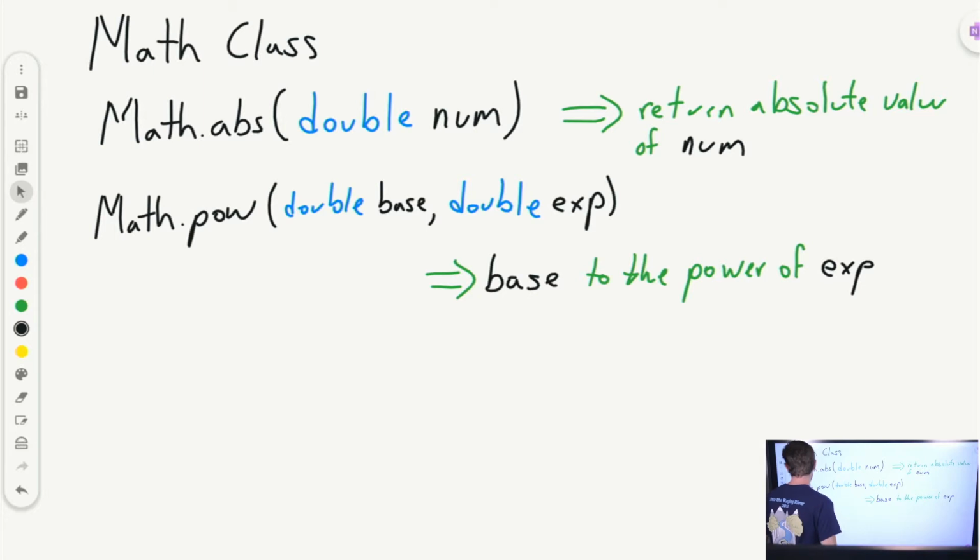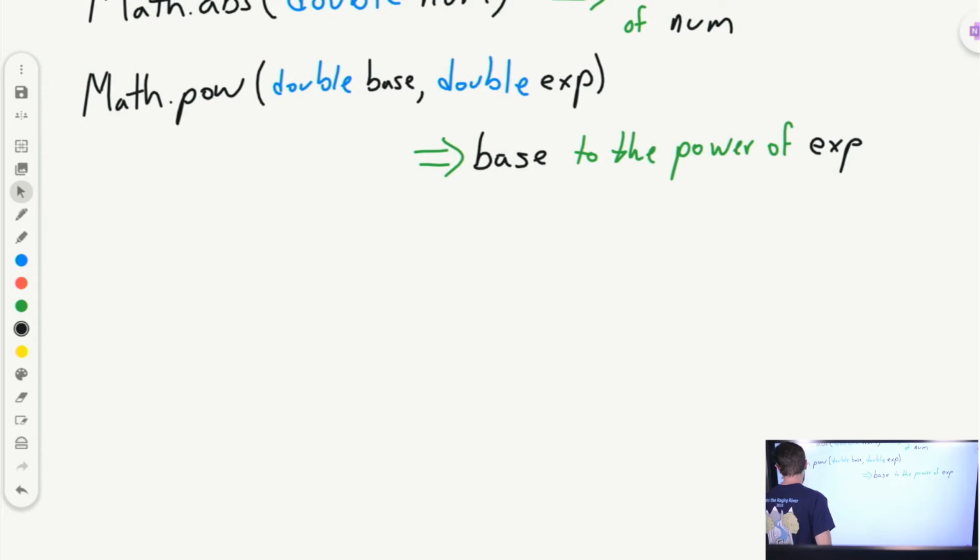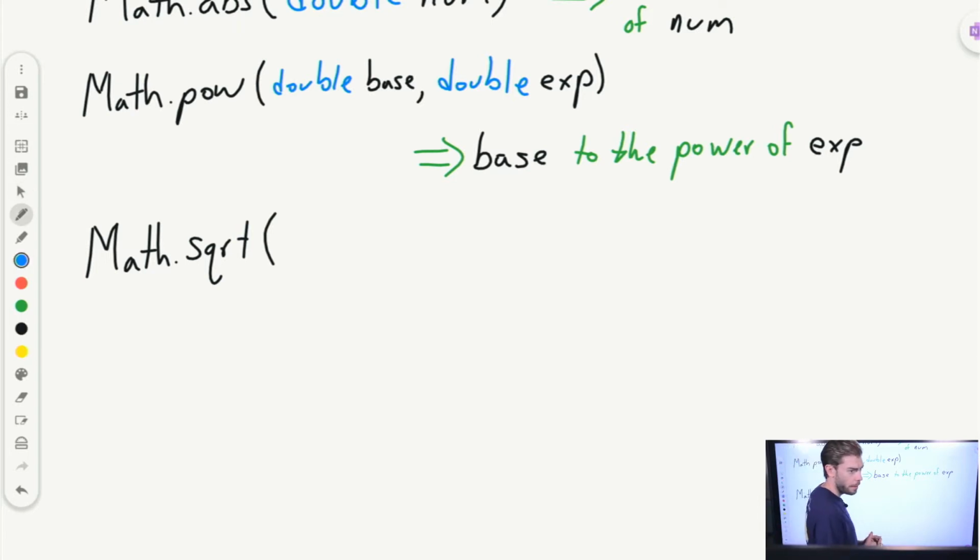The next one is Math.sqrt, the square root. It looks like this: Math.sqrt, and then we put in some number, a double num.